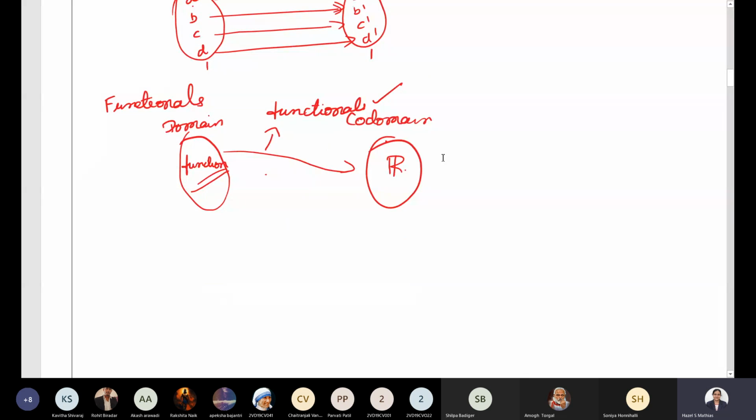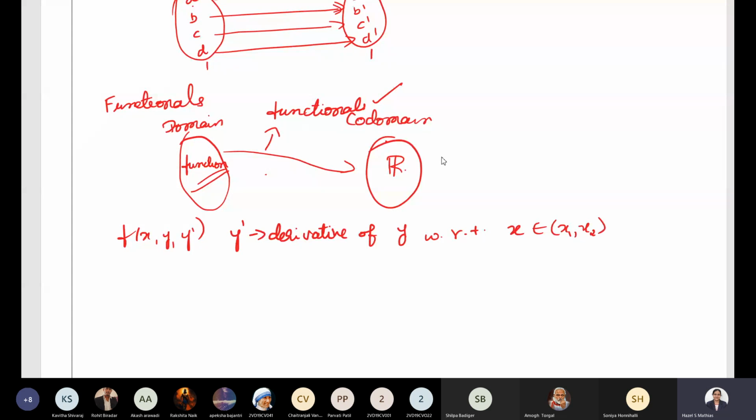Suppose you consider a function of the form f of x comma y dash, where y dash is the derivative of y with respect to x, and x ranges over two values, say x1 and x2. Then the integral from x1 to x2 of f of x comma y dash dx is known as the functional.